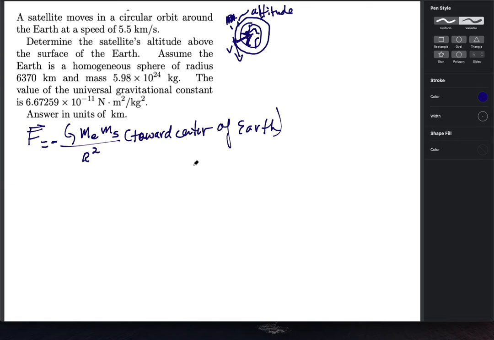So let's think about another thing that's important here. Anytime an object is moving in a circle, then the force on it is the mass of the satellite times the centripetal acceleration, which is the mass of the satellite times the speed of the satellite squared over its radius in the circle.